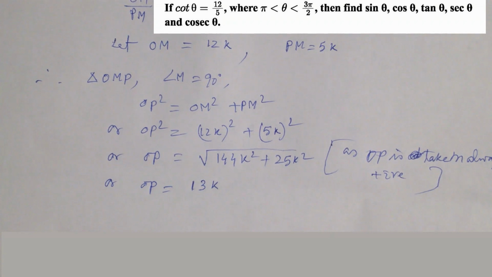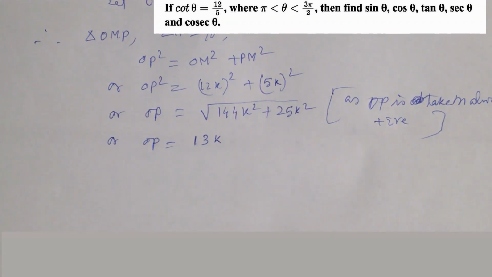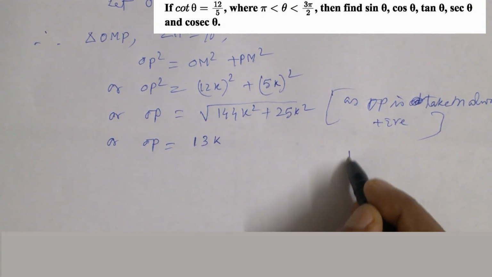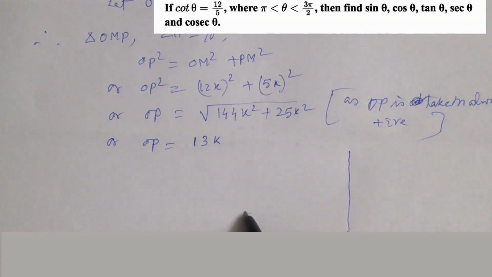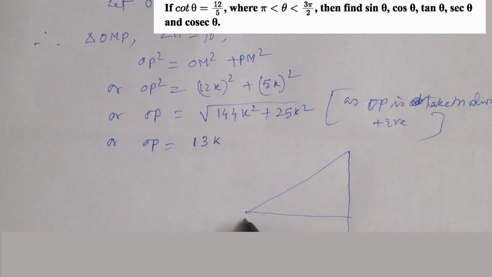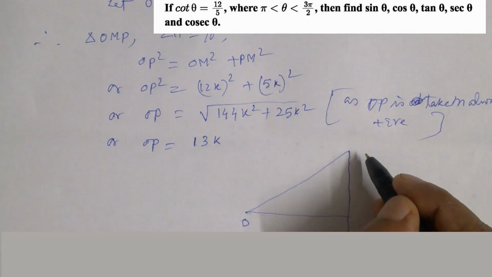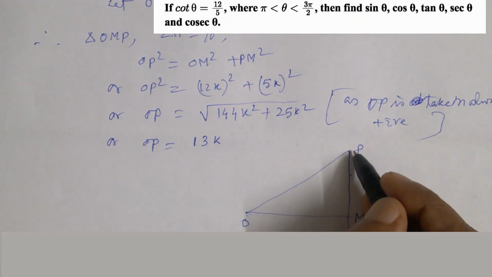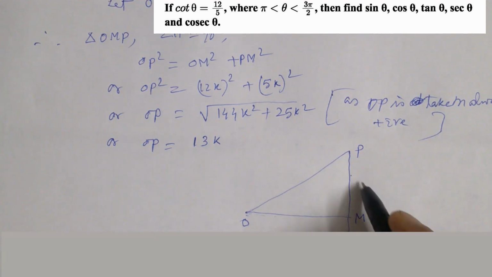Now from triangle OPM, we have got perpendicular, base and hypotenuse. Draw the picture again: O, P, M. PM is perpendicular. PM's value is 5K, which should be negative.